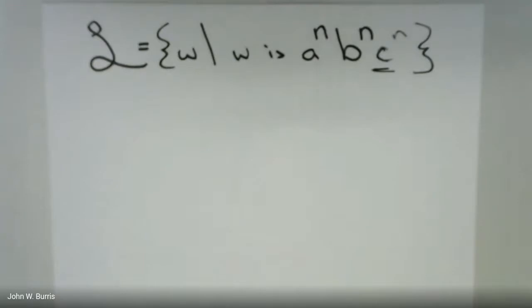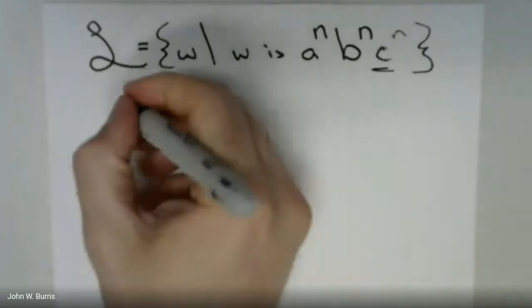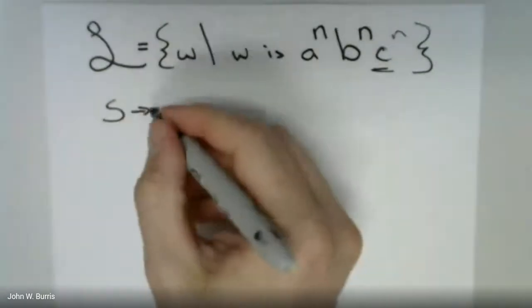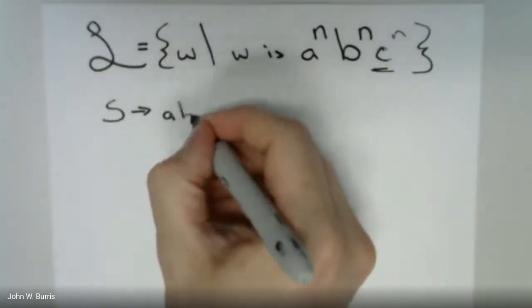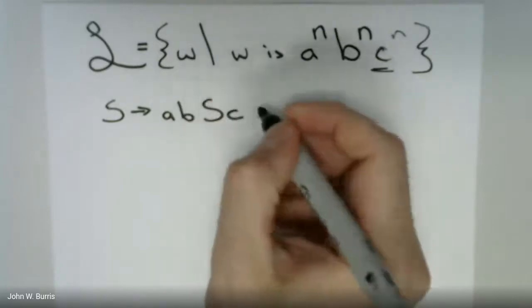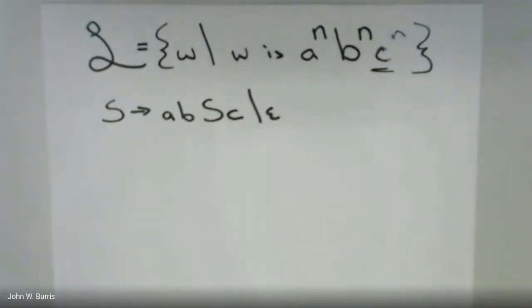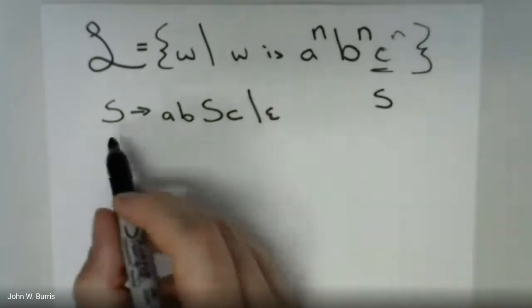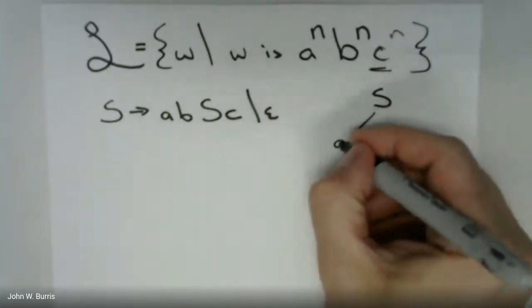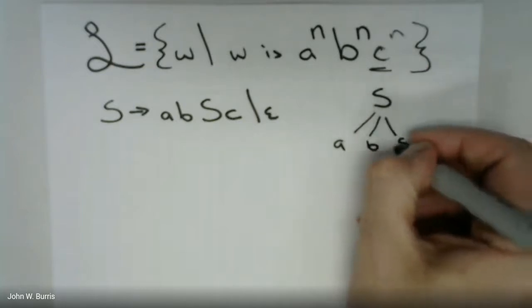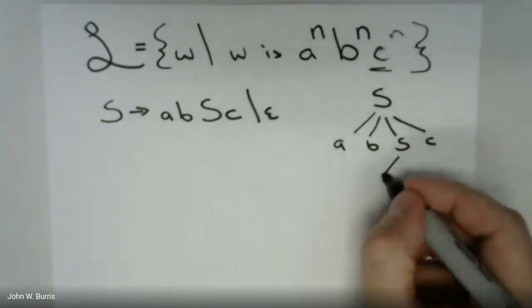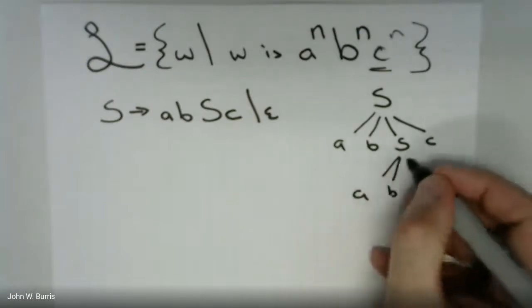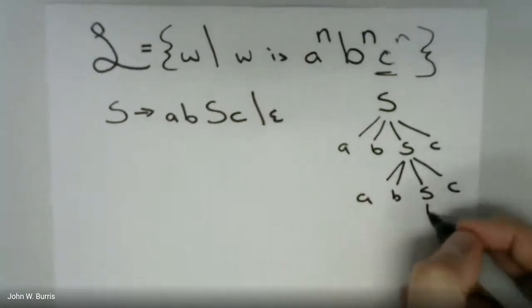Well, this seems like I can build a context-free grammar that accepts it. Check this out. A starting non-terminal S goes to A, B, S, and C, or empty string. So it's basically the same as A to the N, B to the N. Shoot, did I accidentally prove that this is context-free? Well, let's check it out. We generate some strings by starting with our starting non-terminal, and we go from left to right. S goes to A, B, S, then C. Then S goes to A, B, then S, and then C. And then we can let it terminate.